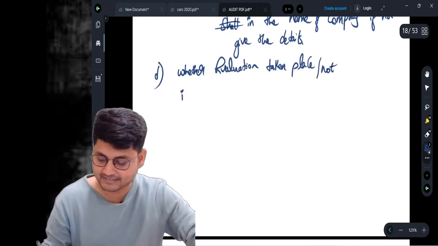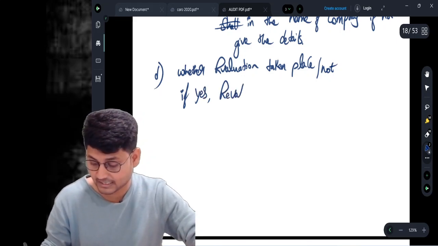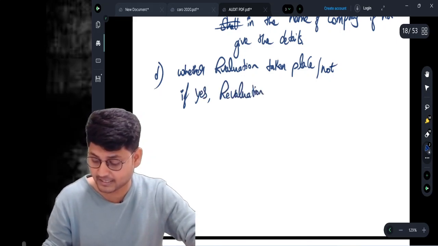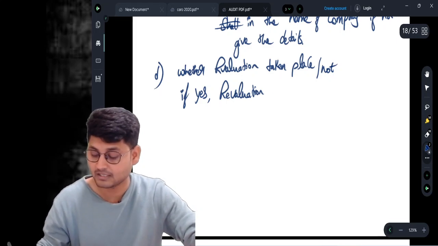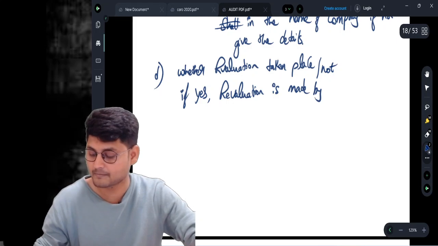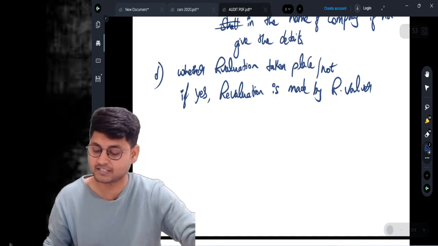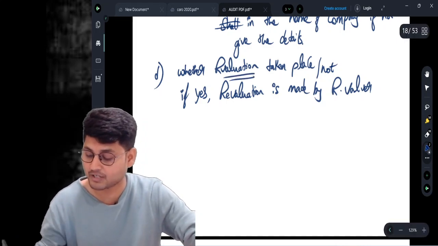If yes, revaluation shall be done by whom? If yes, revaluation is made by a registered valuer or not, and this revaluation I am talking about what?